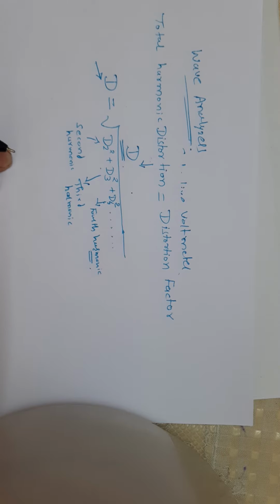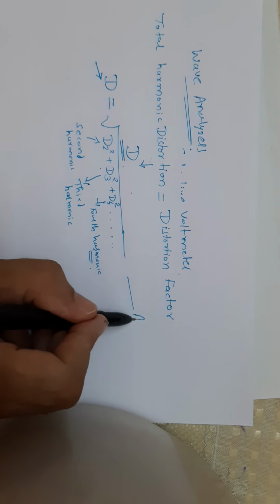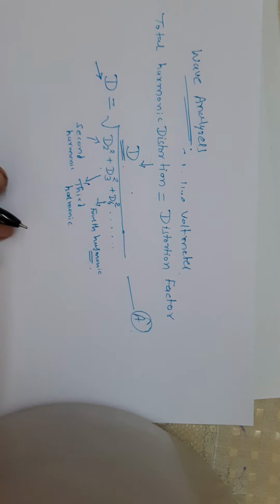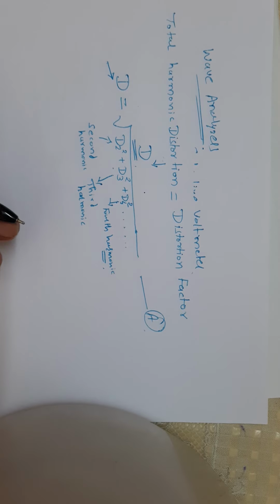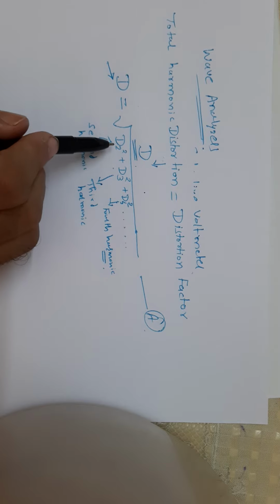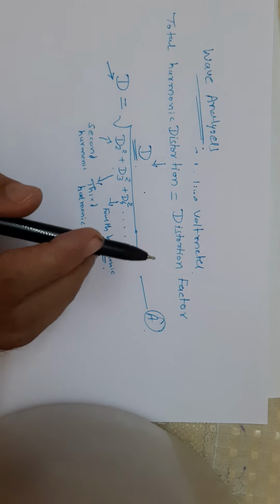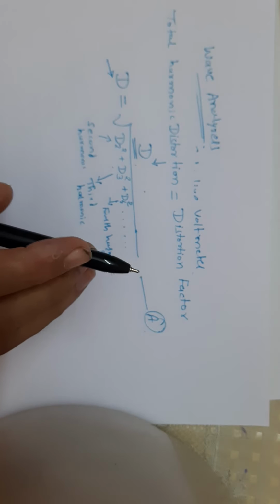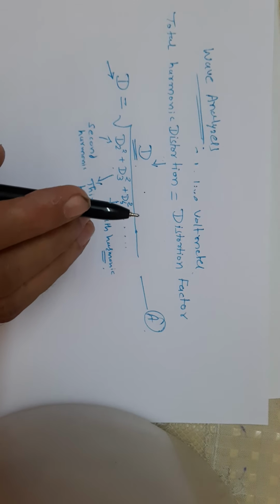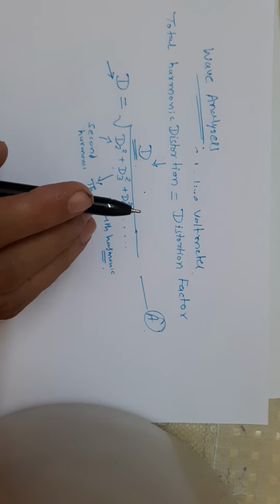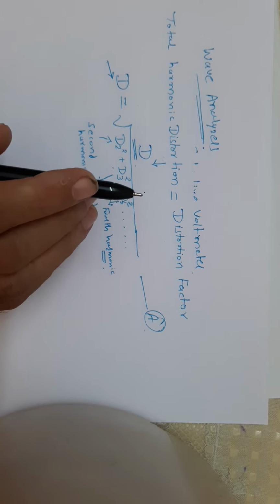This is the equation of the total harmonic distortion, which we can call equation number A. Here remember D2, D3, D4 represent the second harmonic, third harmonic, etc., respectively.